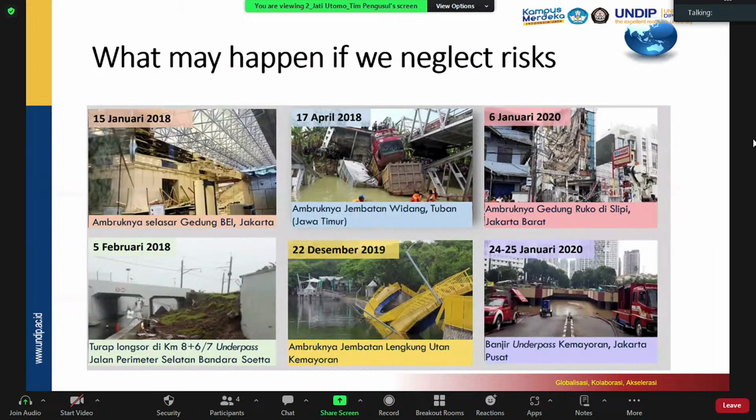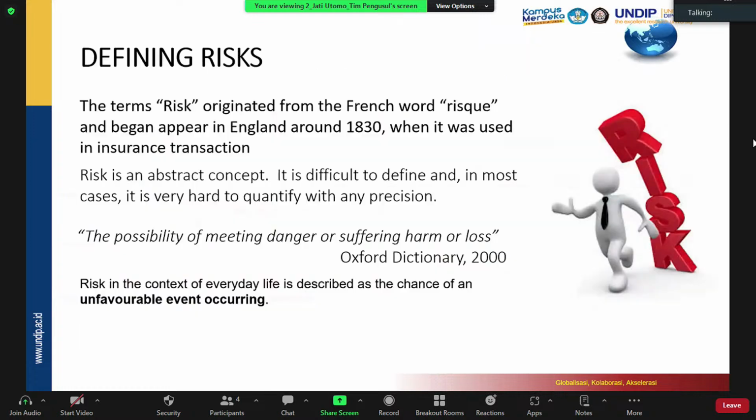So this is what may happen if we neglect risk. Some pictures from Indonesian projects under the Ministry of Public Works and Public Housing. We can see here many examples of construction collapses because of some neglect of risk.